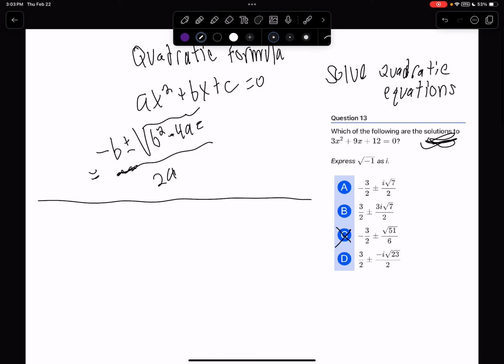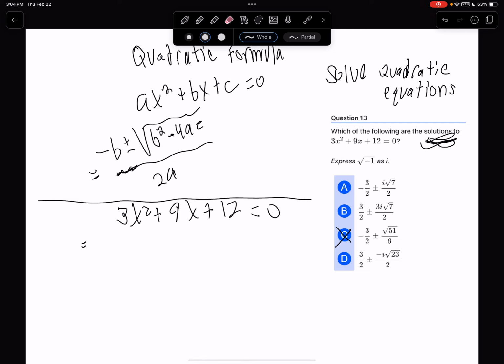And let's copy down the original problem, 3x squared plus 9x plus 12 equals 0. My a is 3. My b is 9. My c is, and I could even make it smaller. Wait a minute. Remember that we divided a 3 out of this and we got x squared plus 3x plus 4.